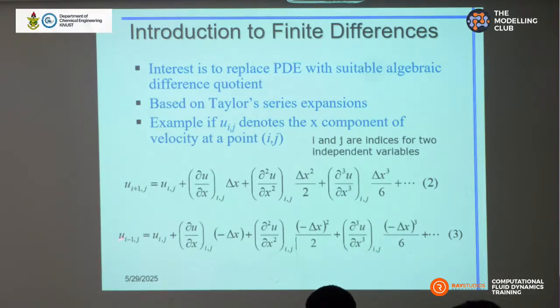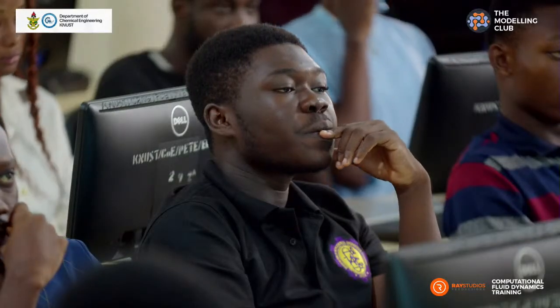Similarly, we can find u sub i minus 1, j, and so we basically obtain the Taylor series expansion for these 2 terms. Let me just go back and review briefly.